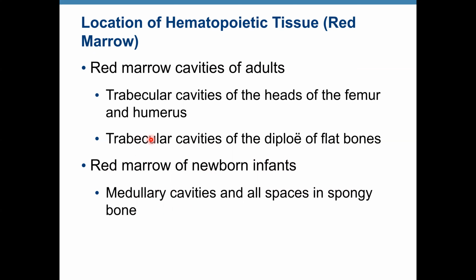When we get older, this red bone marrow is replaced by yellow bone marrow. So we replace this hematopoietic tissue, tissue that produces your blood, with triglyceride, with fat. And when we are adults, the red bone marrow left is in the head of the femur and humerus and in flat bones.